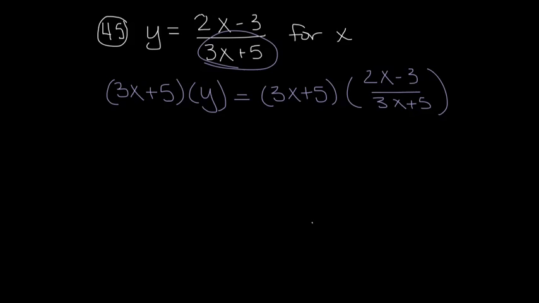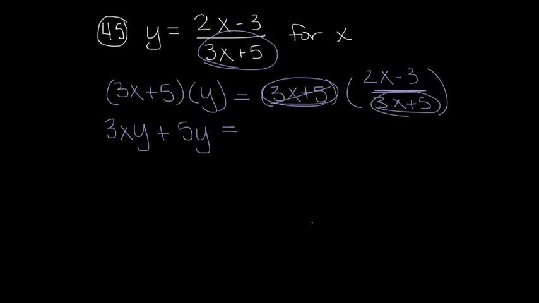If I distribute the y, that gives me 3xy plus 5y equals 3x plus 5 divided by 3x plus 5 cancel out, and I'm left with 2x minus 3.